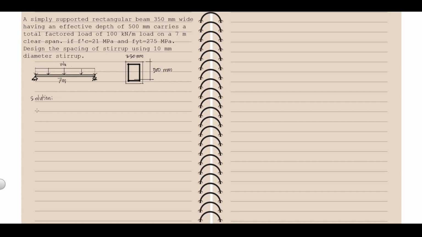Yes, okay, so I'm going to draw the figure ulit dito, FBD. This time, lagay na natin yung magnitude ng load natin.